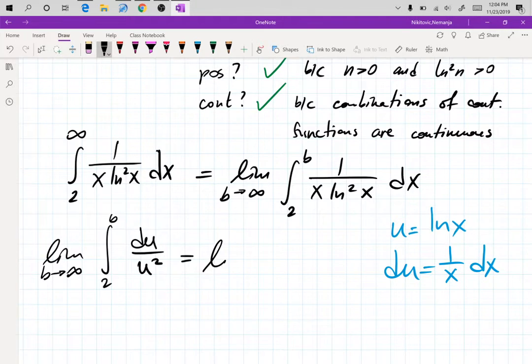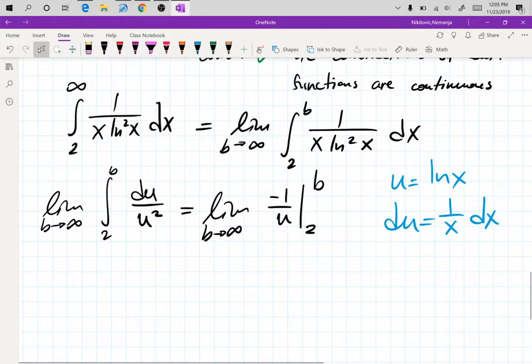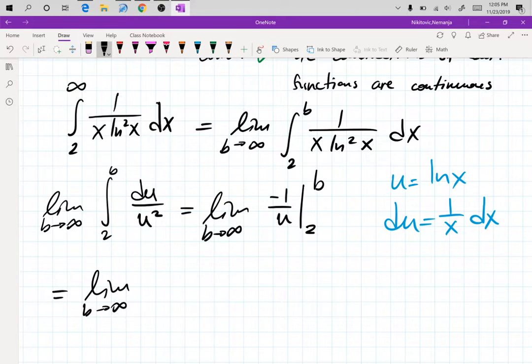Now when you integrate this, the antiderivative of u to the -2 is -1 over u, from 2 to b. And that gives us the limit as b goes to infinity of -1 over b plus 1/2.